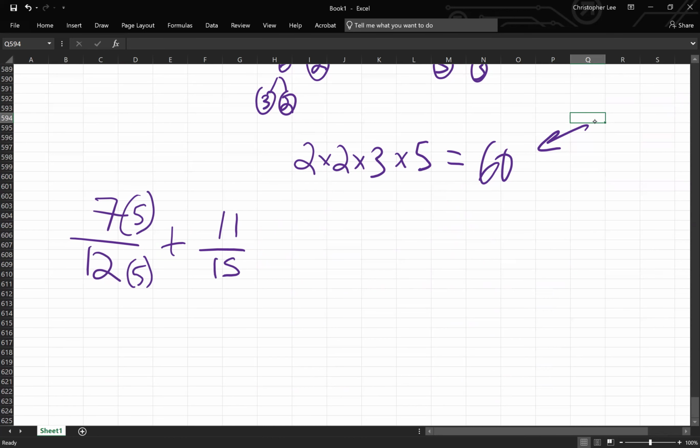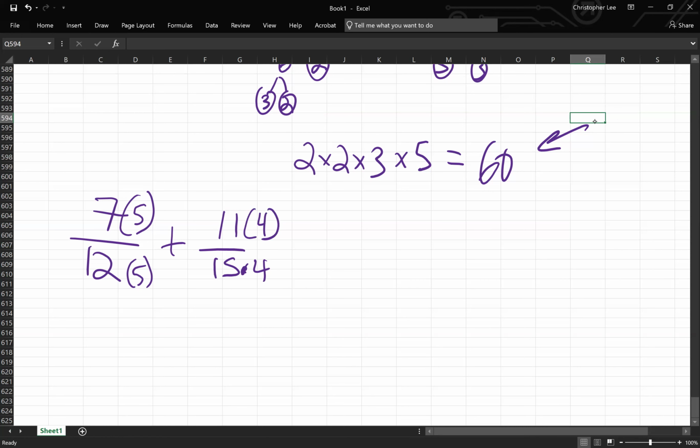All right. I have to multiply 15 by, I believe it's 4. Right? It's 20, 40, 60. Yep, that's it. But what you do to the bottom, you gotta do to the top.